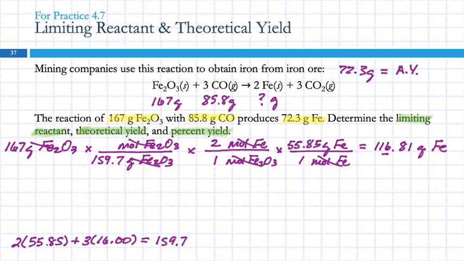Now we're going to do it again. It's almost exactly the same. 85.8 grams of carbon monoxide. We're going to convert that to moles of carbon monoxide, and then to moles of iron, and then to grams of iron.